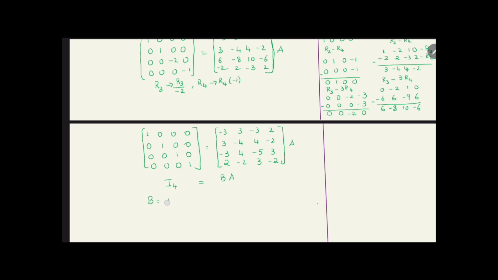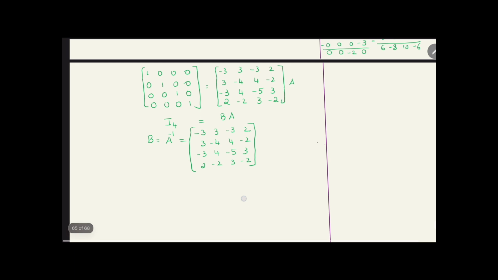B is nothing but, we call it as inverse of A, that is A inverse is equal to minus 3, 3, minus 3, 2, 3, minus 4, 4, minus 2, minus 3, 4, minus 5, 3, 2, minus 2, 3, minus 2. So this is the final answer. Is that clear, students?